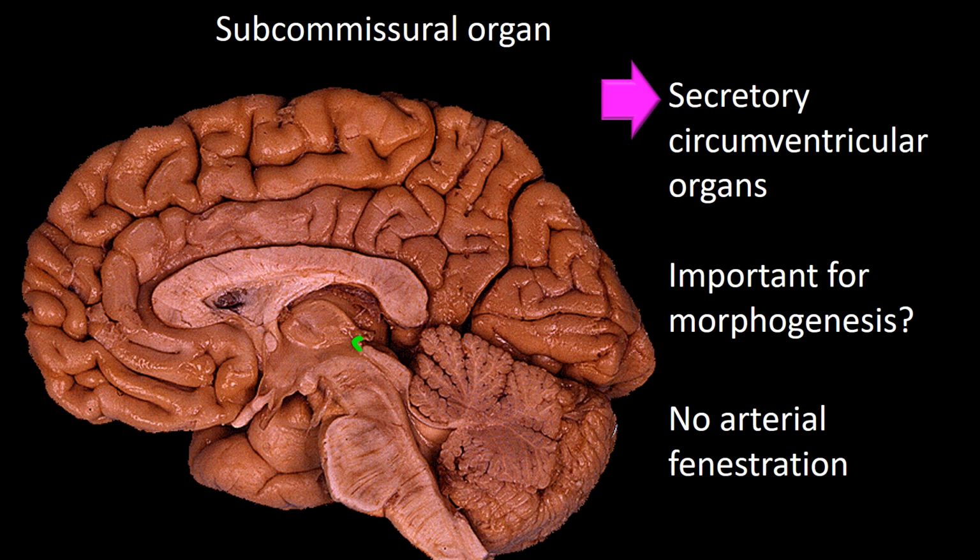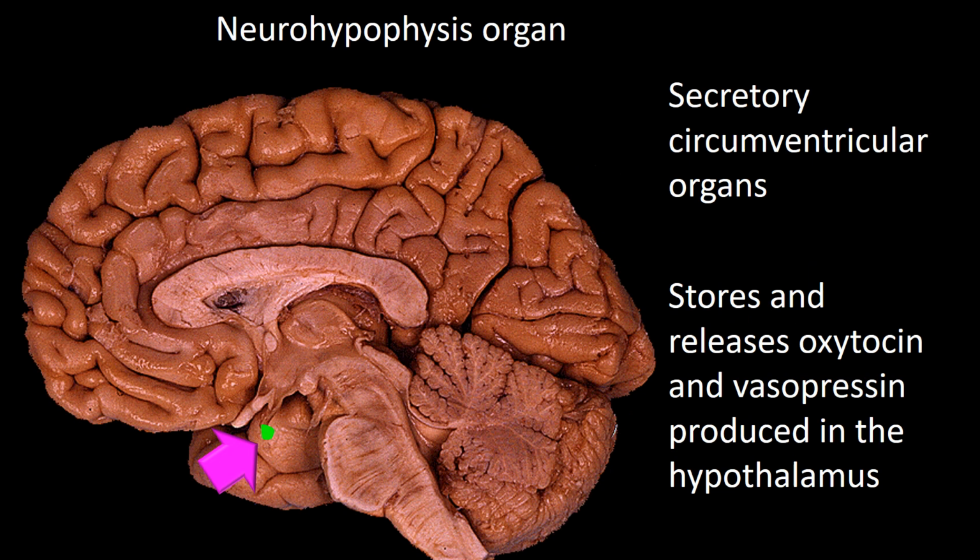3. The mysterious subcommissural organ is believed to have a secretory function related to the formation of the posterior regions of the diencephalon. The subcommissural organ, which unlike all other circumventricular organs lacks fenestrated capillaries, is a common question in board examinations. 4. The neurohypophysis has a secretory function.